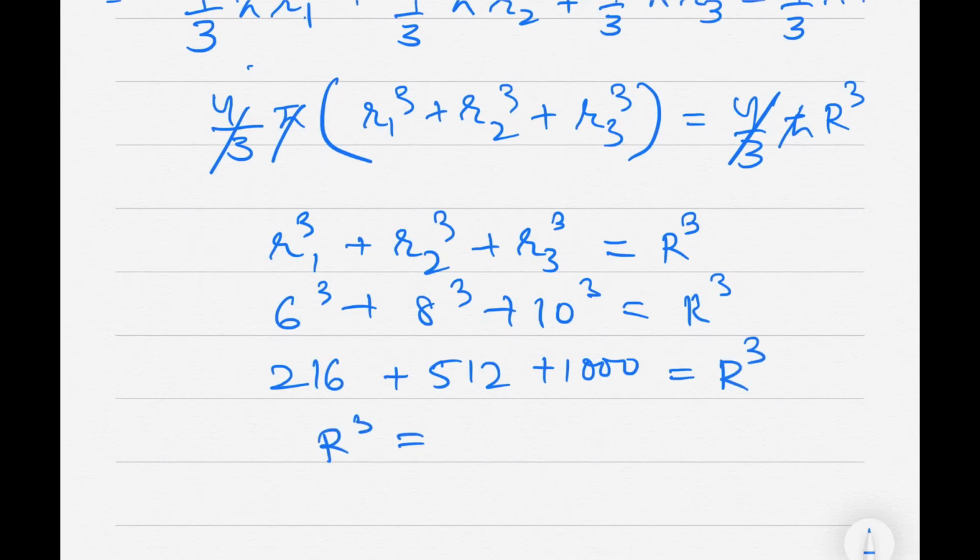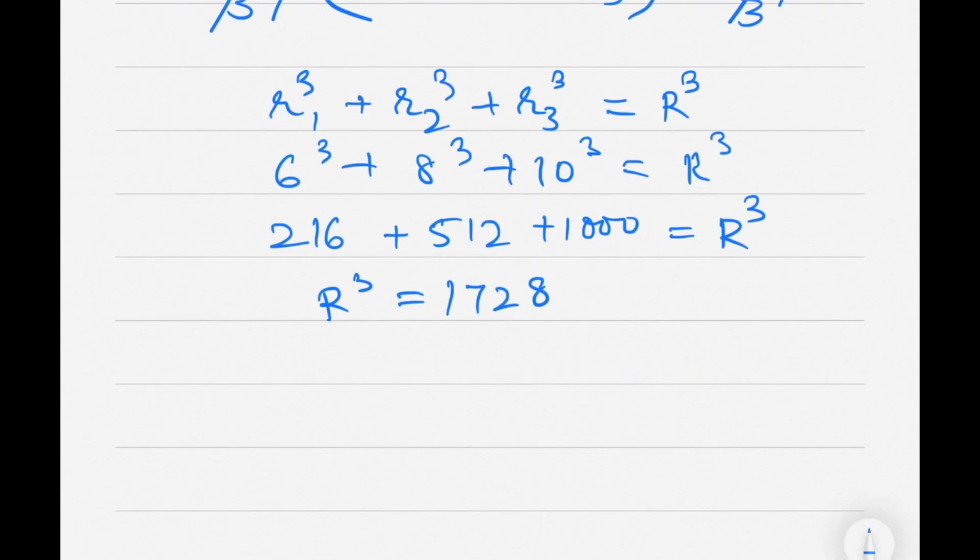So R cube is equal to 1728. Then after finding the cube root, we know that my capital R is equal to 12 centimeter. That's the answer. Correct?